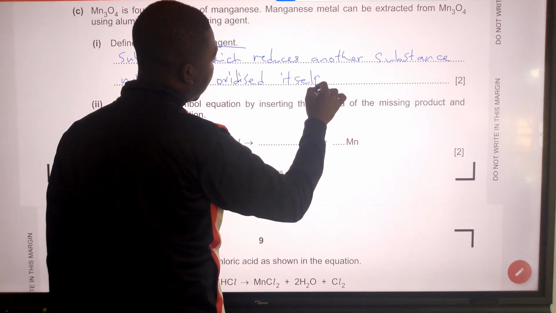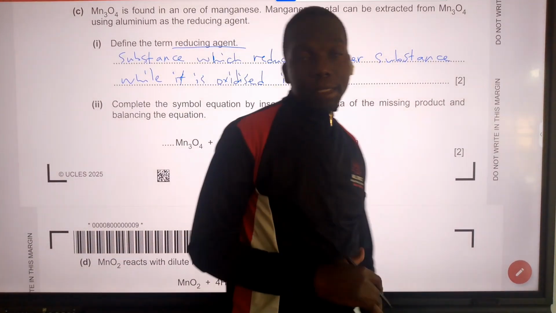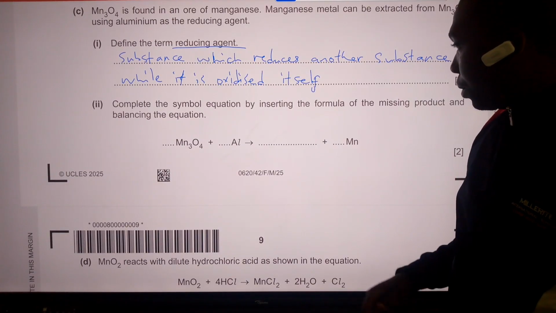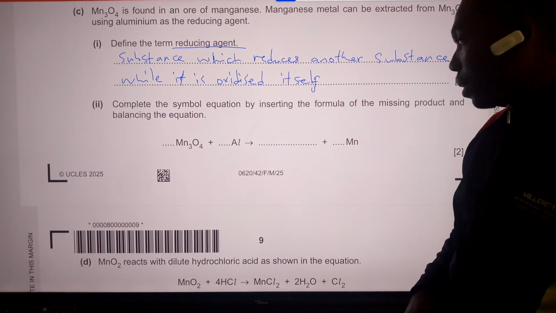So itself, it is oxidized, but it reduces another substance. We are going to see that in the next question.